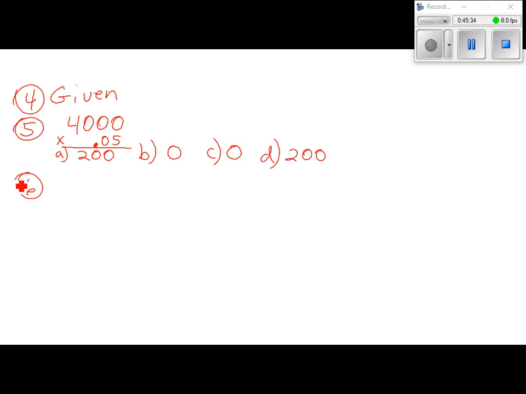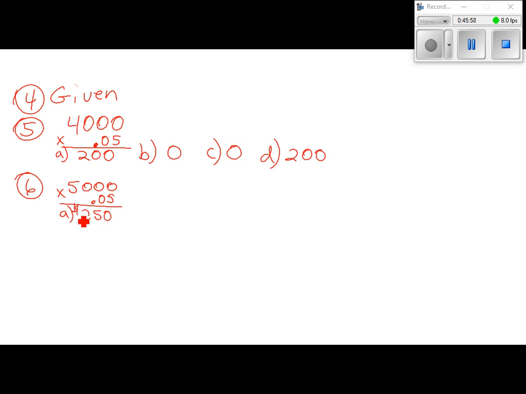Number 6, $8,000. Did they sell more than $5,000? Yeah. So we're gonna take the first $5,000, and again, we're gonna times it by 0.05. So the answer to letter A is $250, everybody agree with that?